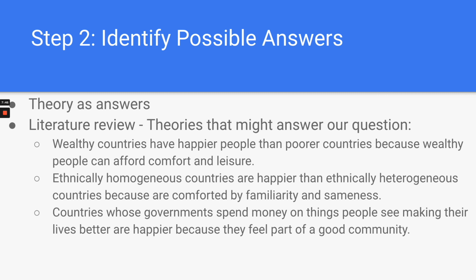And that theory that countries whose governments spend money on things people say making their lives better will be happier, to that we add because they feel like they're part of a good and functioning community.